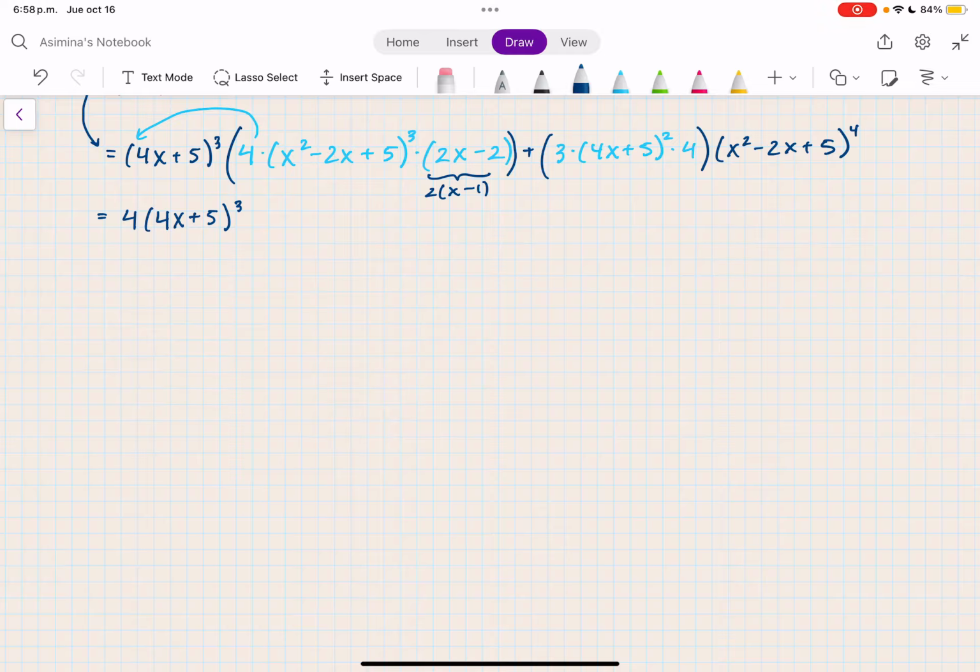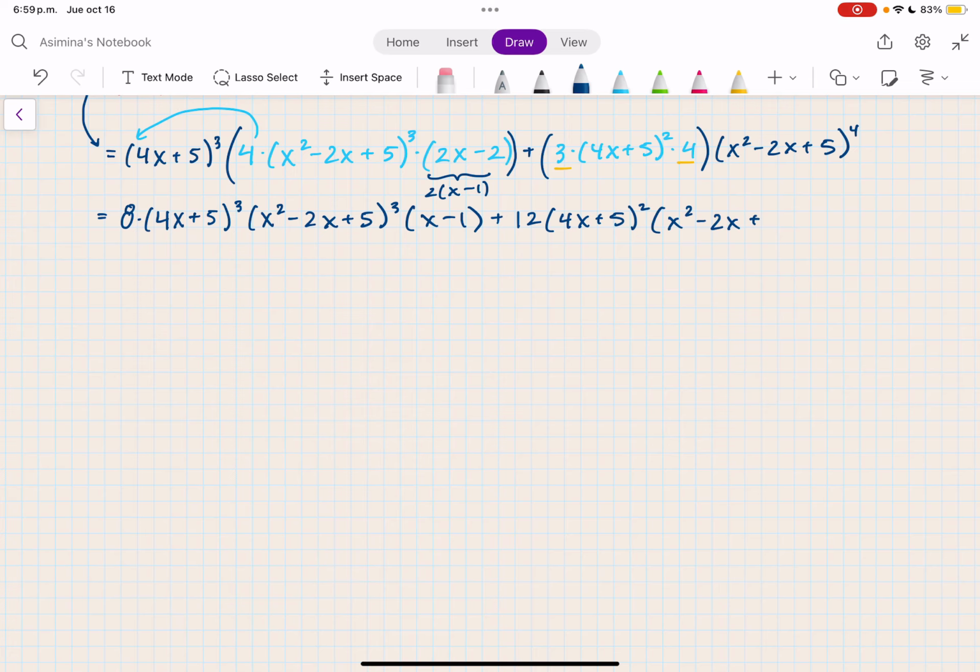And in fact, I'll multiply that 2 by the 4 here, so we have an 8 in the front. So we have 8 times this, times (x squared minus 2x + 5) cubed times (x minus 1), plus, now here we see we have some constants, 3 and 4, so we can multiply that together to get 12. Now it's (4x + 5) squared times (x squared minus 2x + 5) to the fourth.